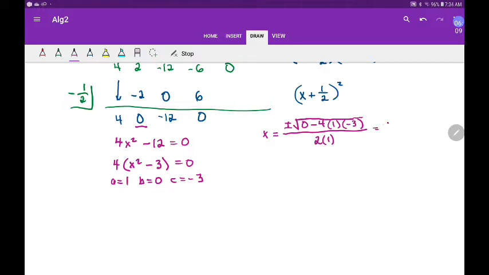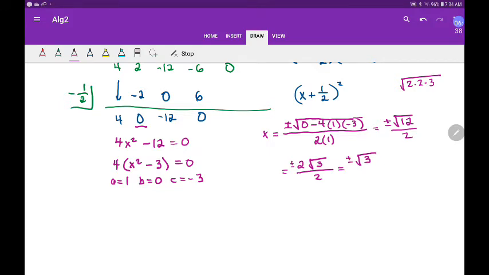So we have plus or minus the square root of 12 over 2. The square root of 12, that's 2 times 2 times 3, right? And the 2 will come out. What's left inside after the twins come out is 3. I have 2 on the bottom. So it's plus or minus the square root of 3.